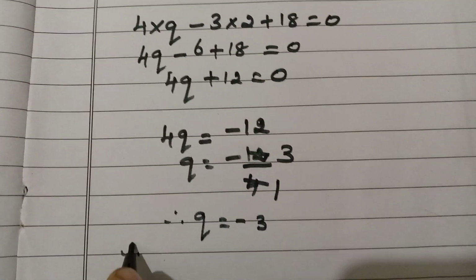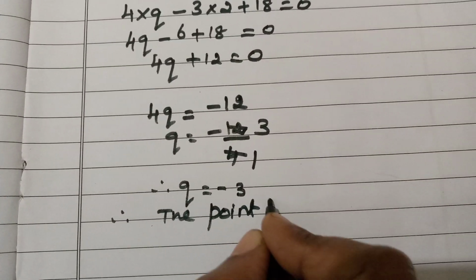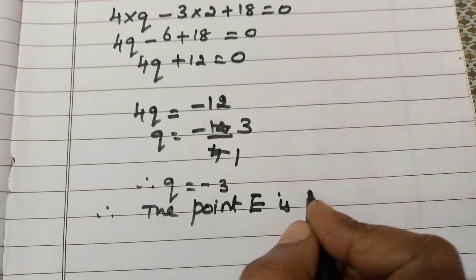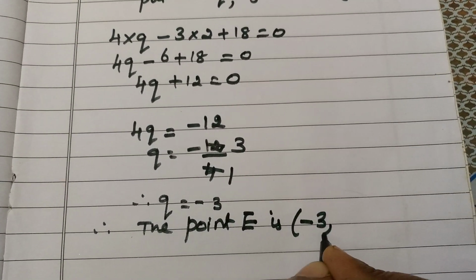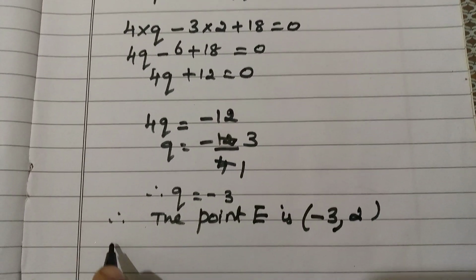Therefore the point E is, what is the point we have? X is minus 3, y value we have 2. Is it (minus 3, 2)?